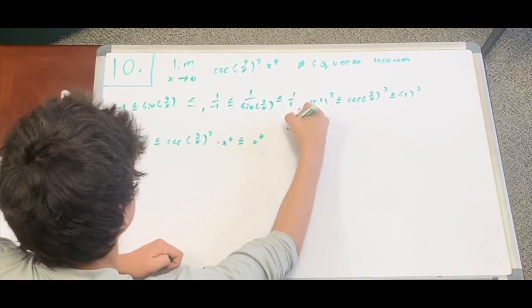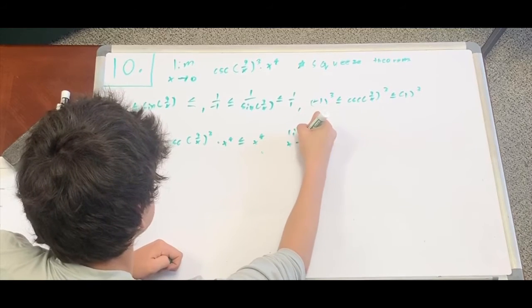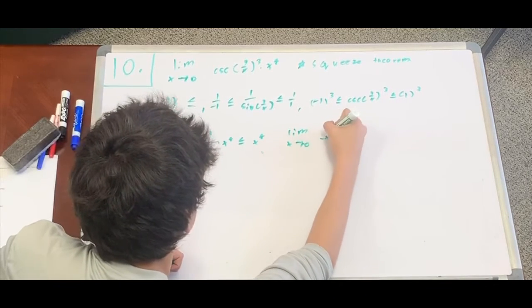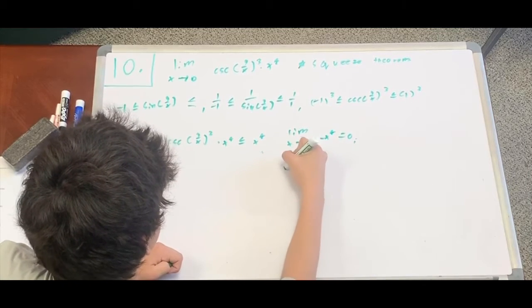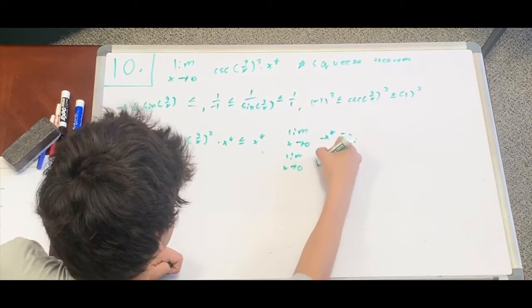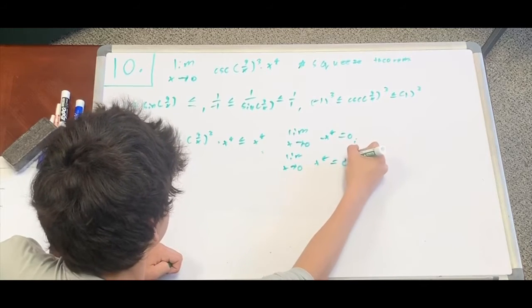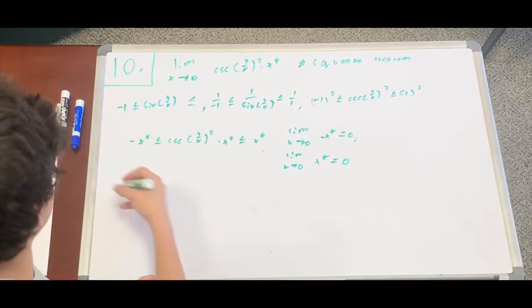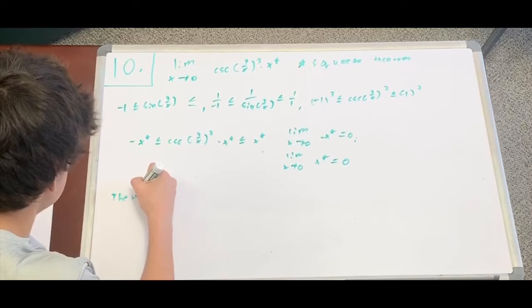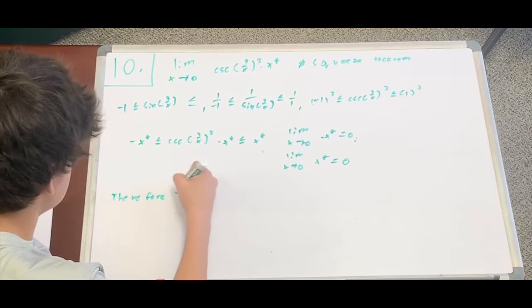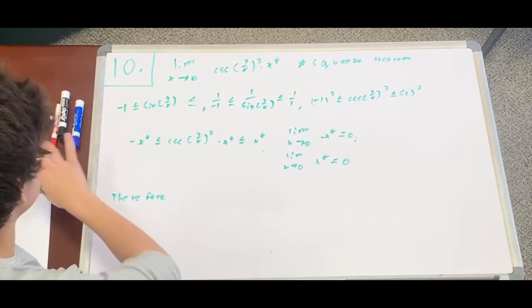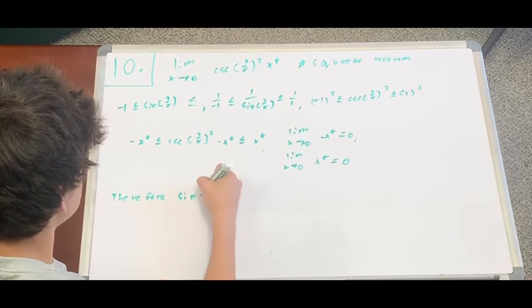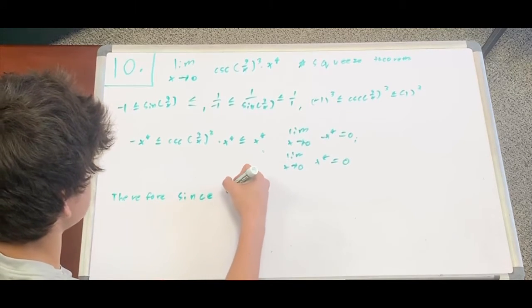So we can say the limit as x approaches 0 of negative x to the fourth is equal to 0, correct? And then the limit as x approaches 0 of regular x to the fourth is also equal to 0. Alright, so then we can say therefore, by squeeze theorem, and use this sentence.